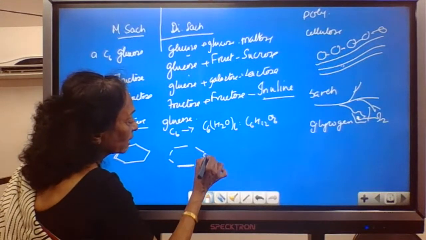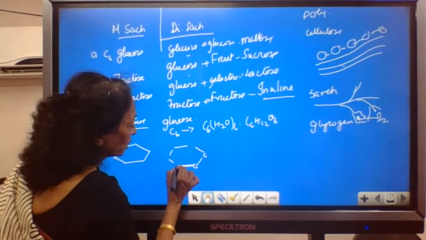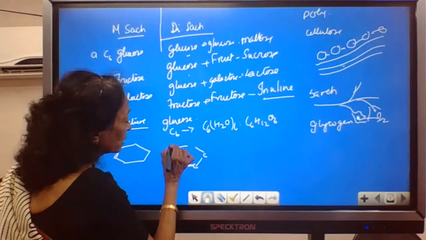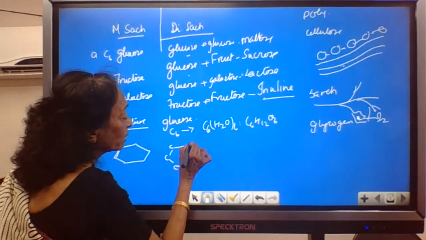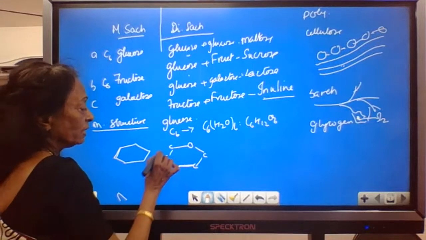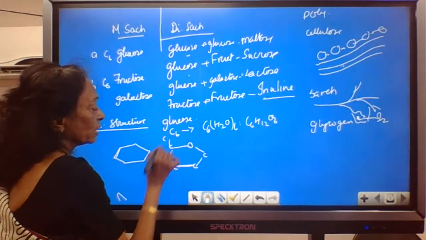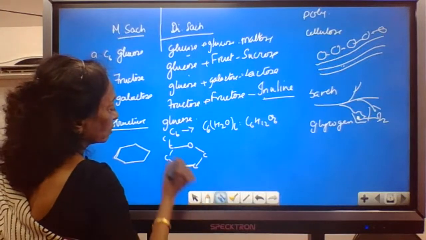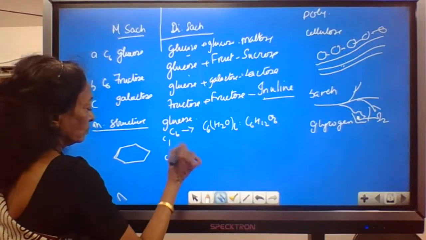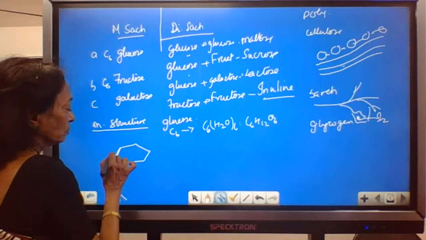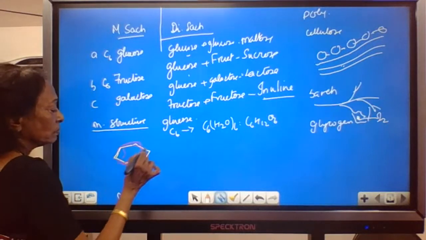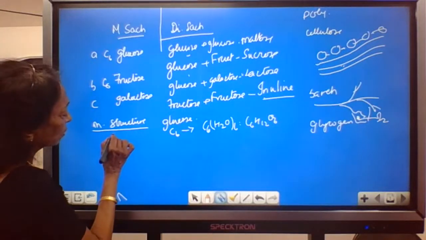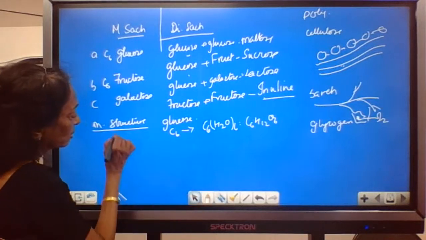Now in this is carbon, here is a carbon, here is a carbon, here is a carbon, but there is no carbon here, it is O. And the next one will be attached to the next carbon. I take it like this, please.